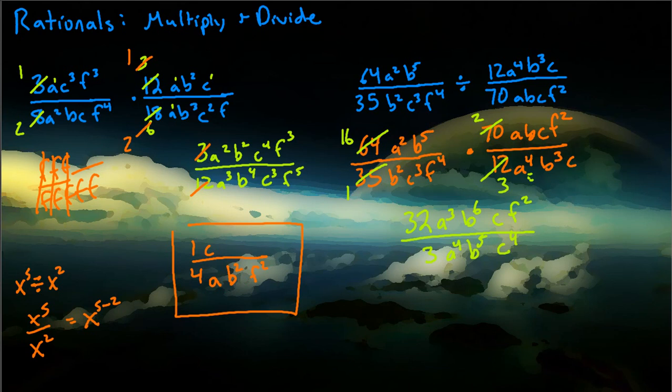Now, I'm going to go ahead and cancel what I can. 3 minus 4, negative 1, so that will give me a on bottom. 6 minus 5 is 1, positive 1, so b on top. C to the 1, see that exponent, if an exponent is not written, it is a 1. So 1 minus 4 is negative 3, so that means 3 c's on bottom.